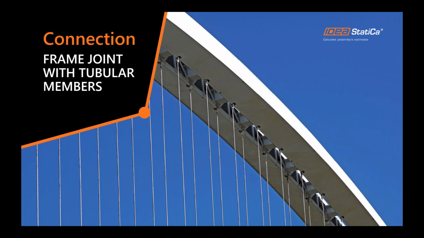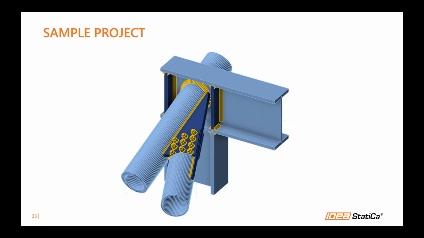And I'll jump into the practical part of this workshop, or the first practical part, and that will be the modeling of one of the connections from this structure. And it is such a connection. So I will do this step by step to show you how to create this design, and I will point out a couple of tips from my side for your modeling practice in IDEA StatiCa Connection.